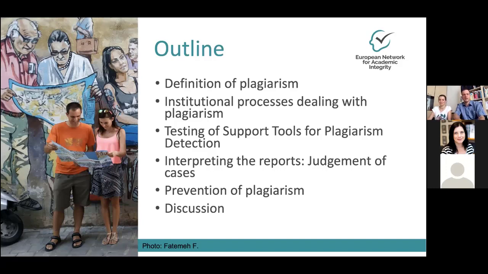Then we briefly share results of the largest testing of so-called plagiarism detection tools or text matching software tools. Then comes the most important part of this workshop: interpreting the report. You will be given 2 reports, and your task will be to decide which of them is plagiarism. And at the end, we will discuss preventative measures for plagiarism, and there will be also space for discussion.